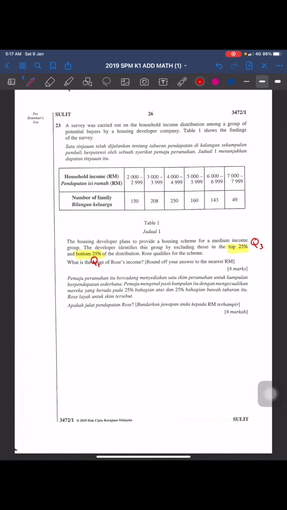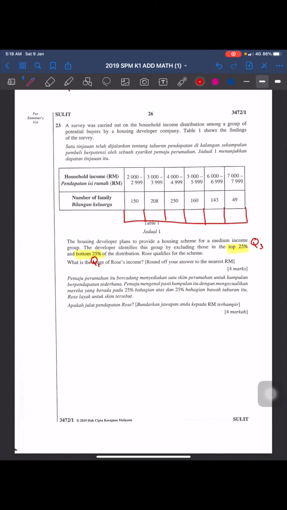Okay, so nanti kita akan gunakan formula median, tapi kita kena ubah sedikit. Okay, so untuk mencari median, lebih mudah untuk kita buat satu lagi kolom tambahan, nak kira dia punya cumulative frequency. Okay, this is not necessary lah, cuma untuk memudahkan kita.